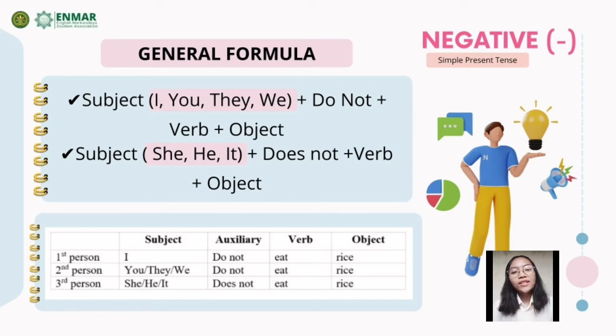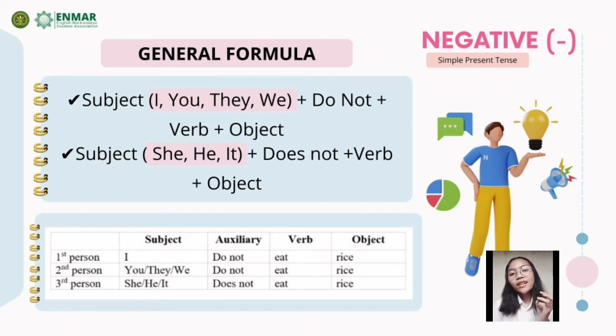About the second person, subject you, they, we, auxiliary do not, verb eat, and object rice. About the sentence, you do not eat rice, they do not eat rice, and we do not eat rice.